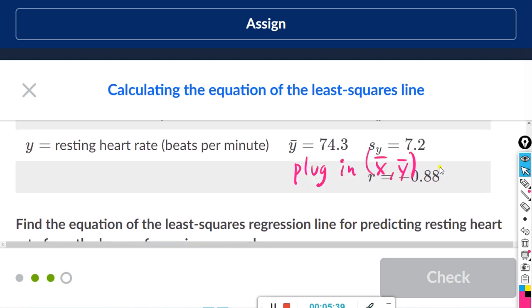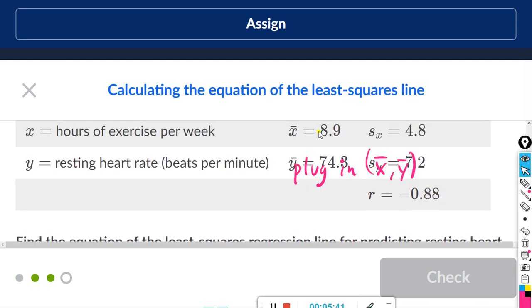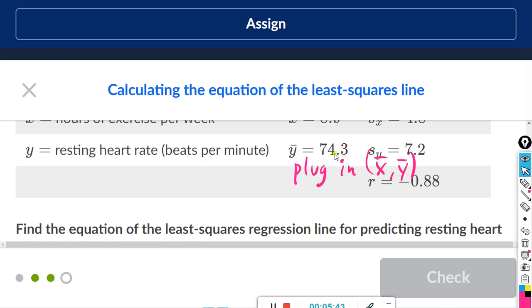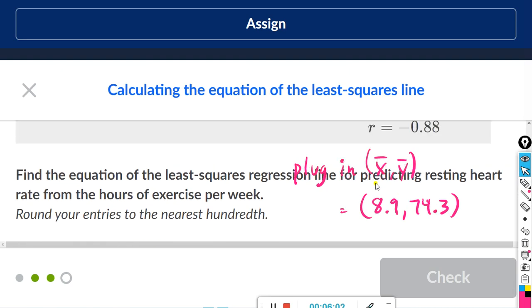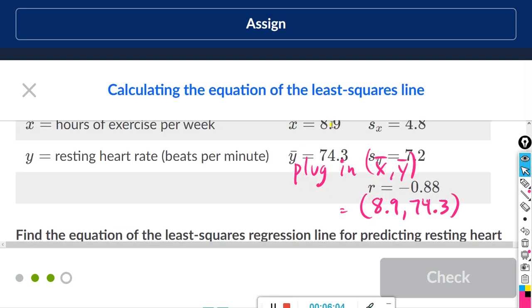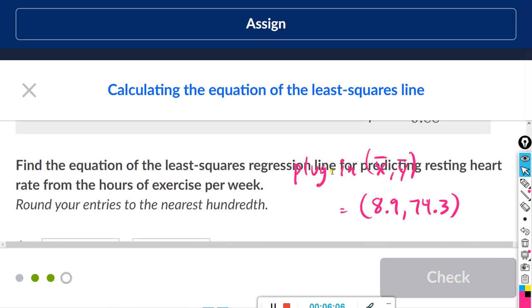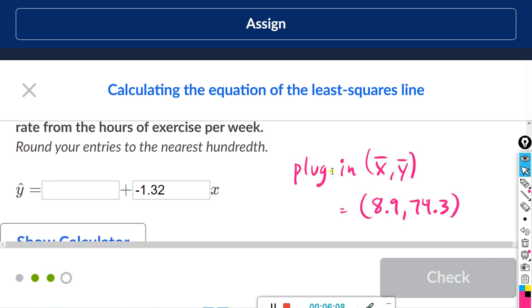X bar is 8.9 and Y bar is 74.3. I obtained those numbers from the data chart. It has X bar and Y bar in the chart right here, 8.9 and 74.3. So we're going to plug that in and solve for B.